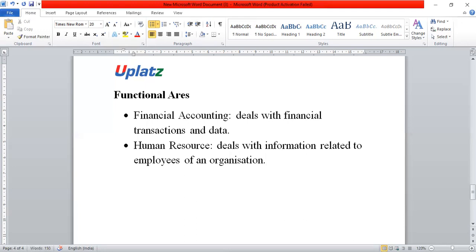So this human resource function mainly deals with employees of the organization.